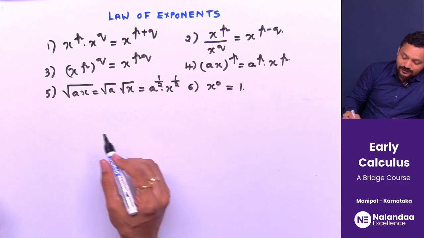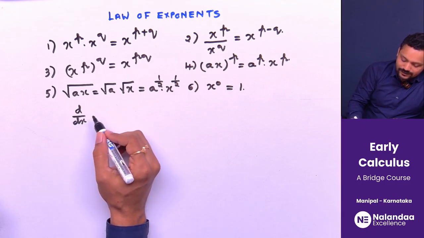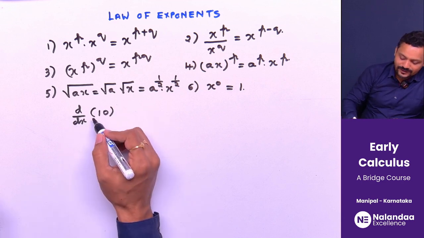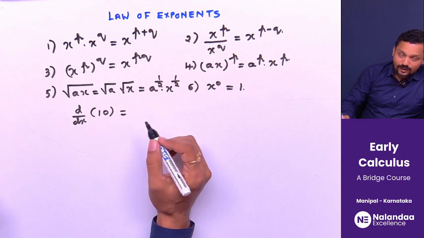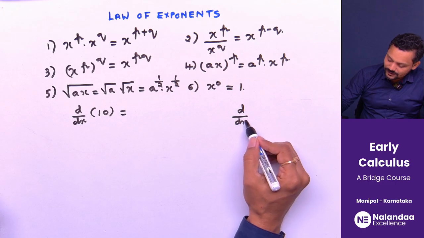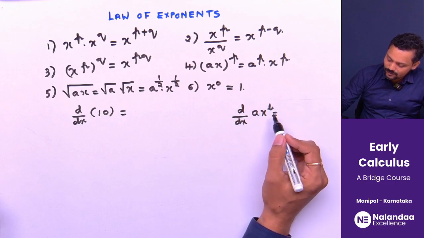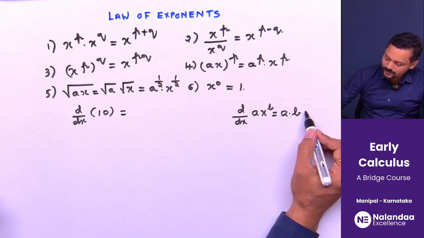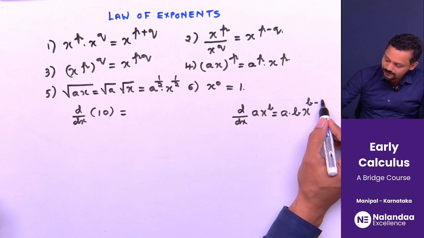Now let us say we want to differentiate something like a number 10. We want to differentiate 10. Now how to do this? Now already we have studied d by dx of a into x power b is equal to a into the power b into x power, the power is decreased by 1, that is b minus 1.